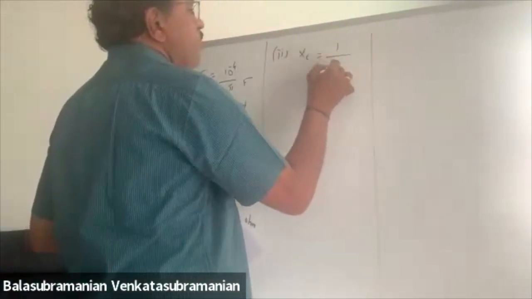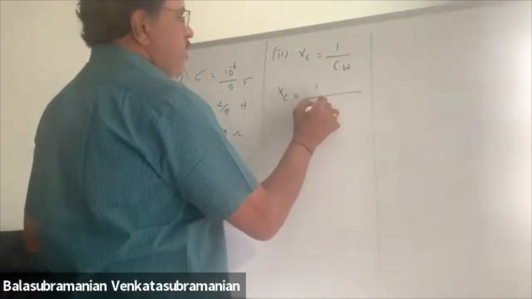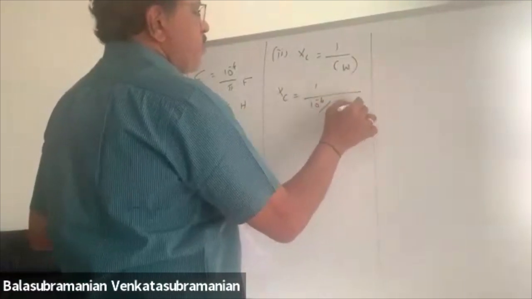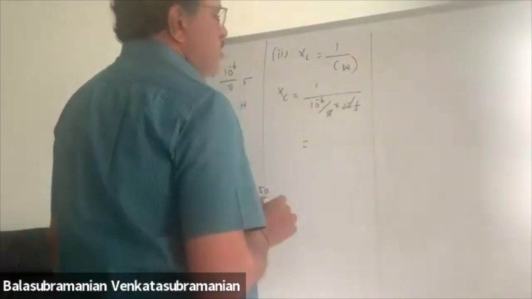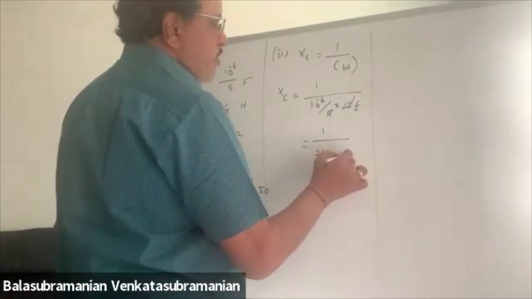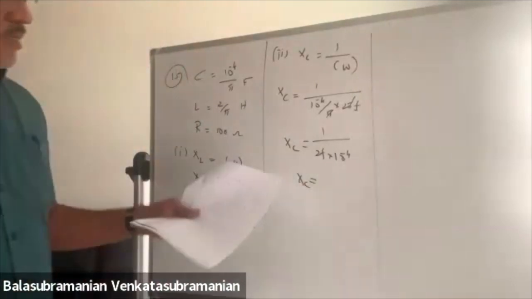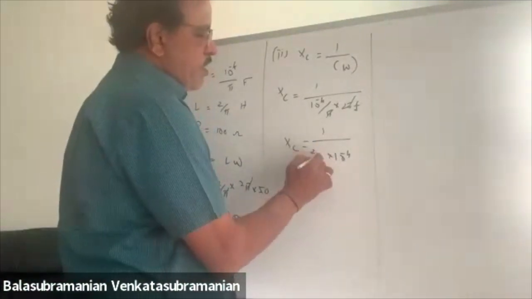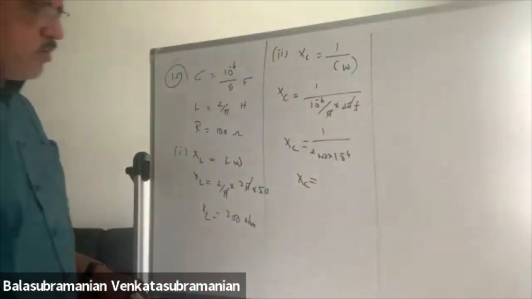Xc is equal to 1 by C omega. What is C value? 10 power minus 4 by pi into omega. Omega is 2 pi f. Pi cancels. 1 by 2f into 10 power minus 4. Calculate, f already you know, 2 into 50 is 100, 10 power minus 2, numerator 10 power 2, 100 ohms.